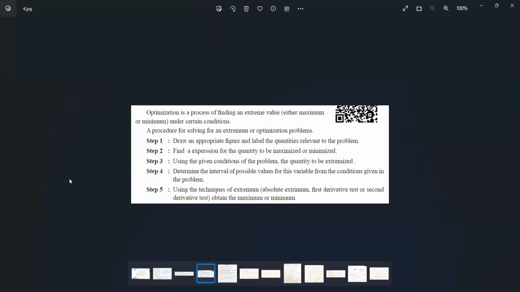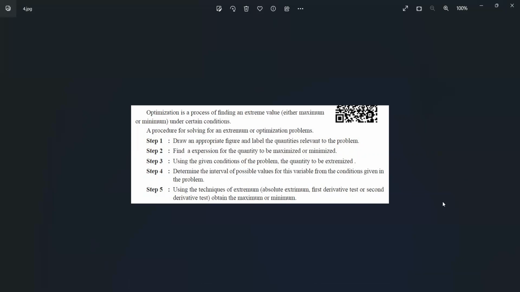For optimization problems, these are the steps given in the textbook. The procedure is to draw an appropriate figure and label the quantities relevant to the problem. Then find an expression for the quantity to be maximized or minimized, using the given conditions of the problem.